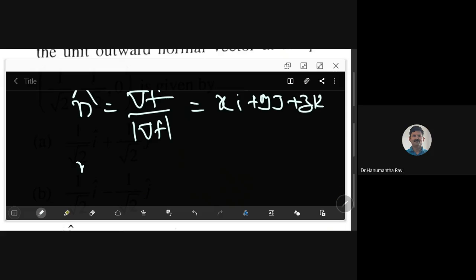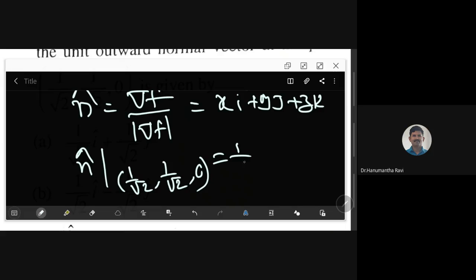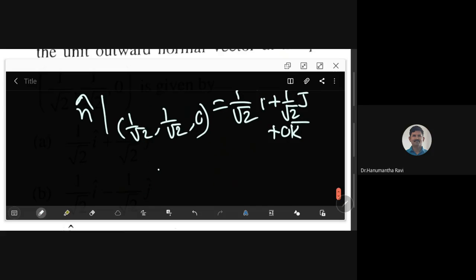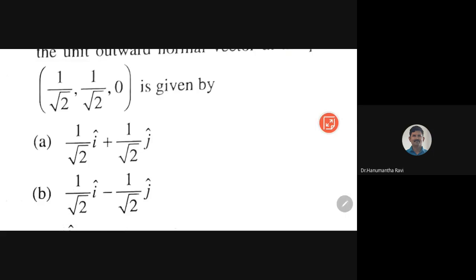So this n cap at 1 by root 2, 1 by root 2, 0 is given by x, in place of x you put 1 by root 2, I bar plus y, 1 by root 2, j bar plus 0 into k bar. So this results in the unit vector at that point, 1 by root 2 into I bar plus j bar. If you look at this, A will be the answer.